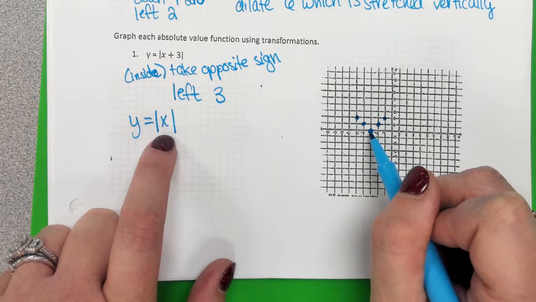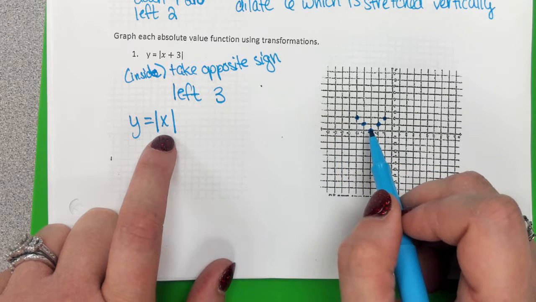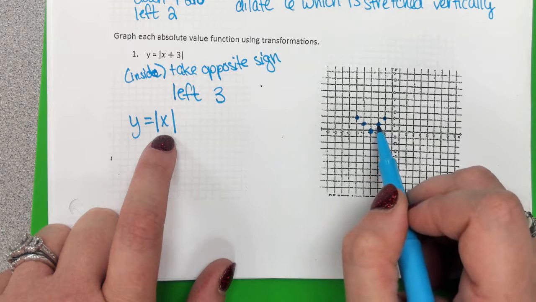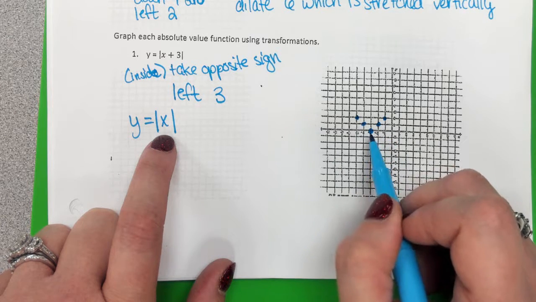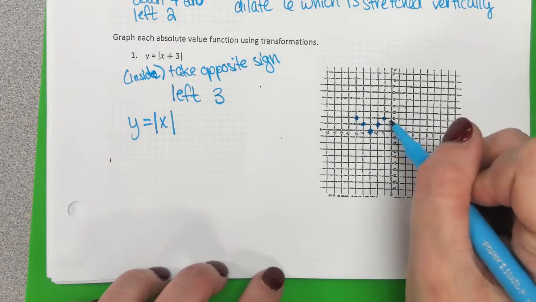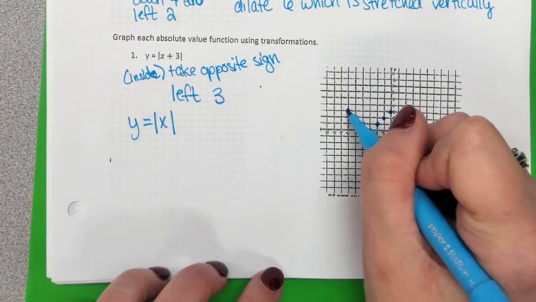Are you noticing a pattern? What's the pattern? Well, absolute value doesn't technically have a slope. What happened each time? How did we get each dot? We just went over 1, up 1. Over 1, up 1. So let's do it again. Over 1, up 1.